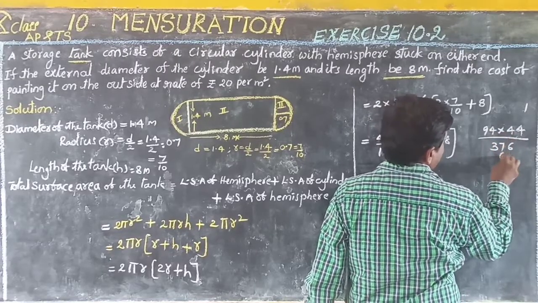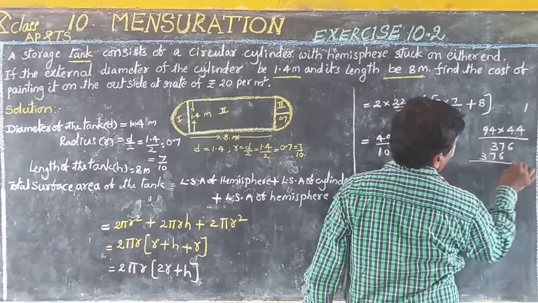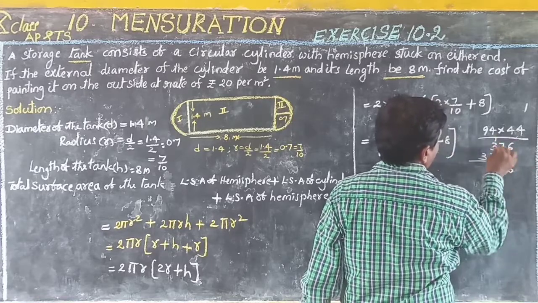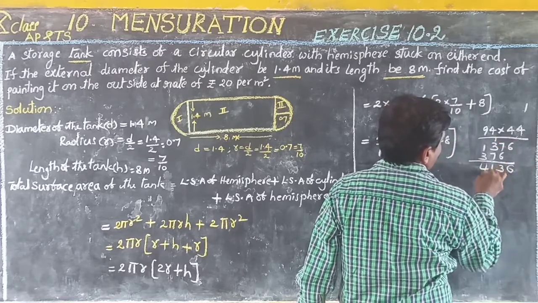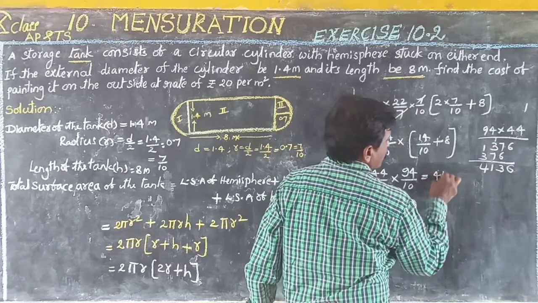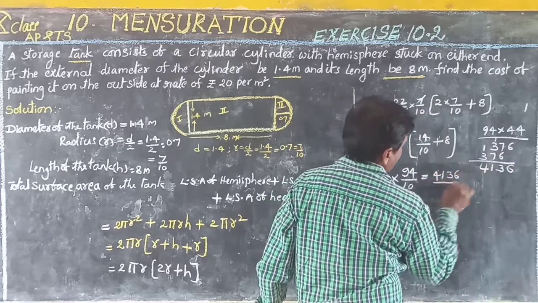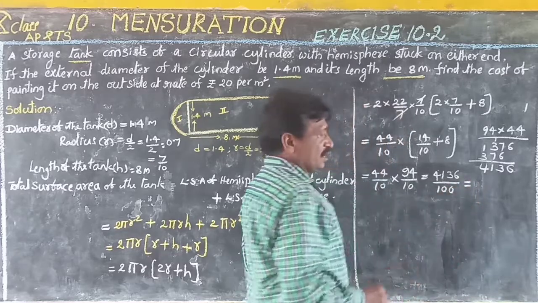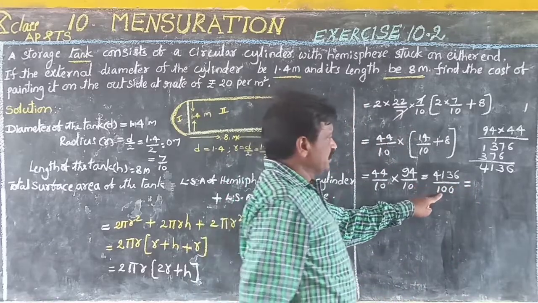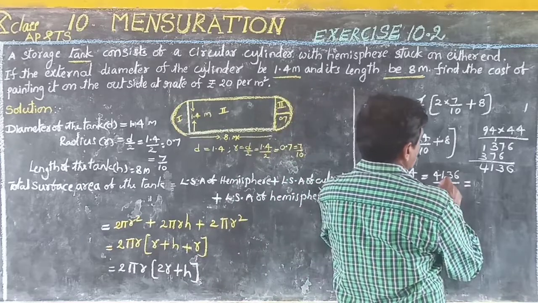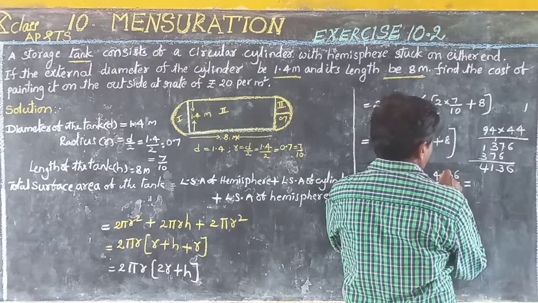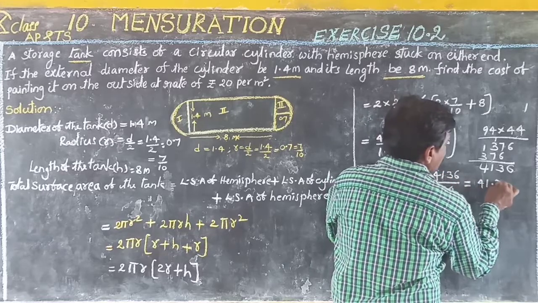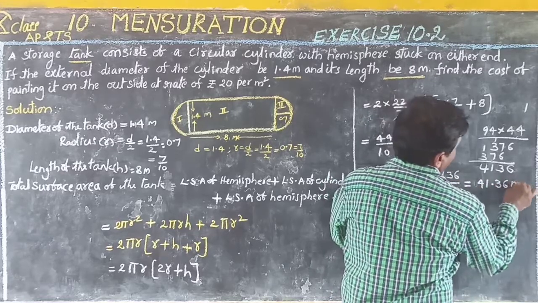As well as 6 7 3 6, 13, 11, 41 3 6 by 10 into 10, 100. So by 100 dividing, after 2 digits point decimal, 41.36 meter square.